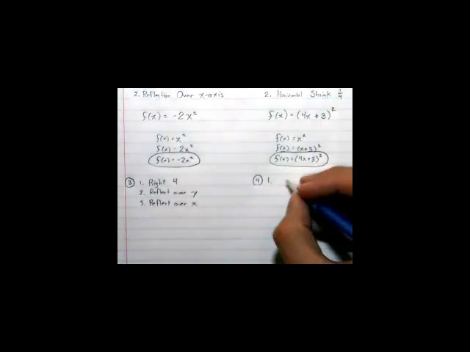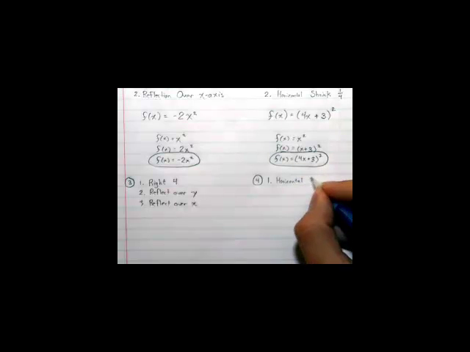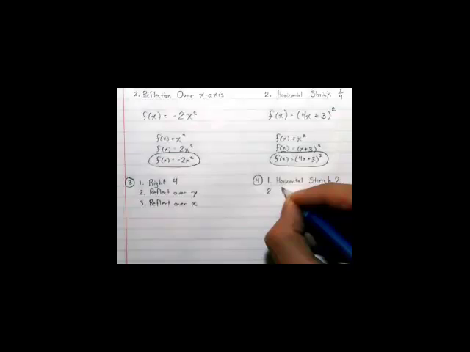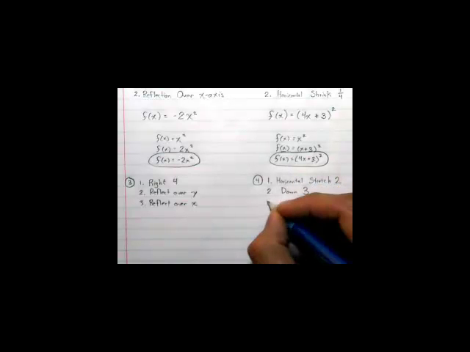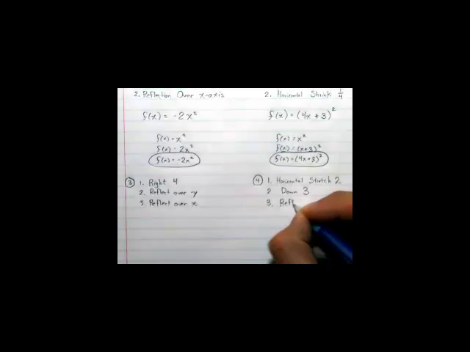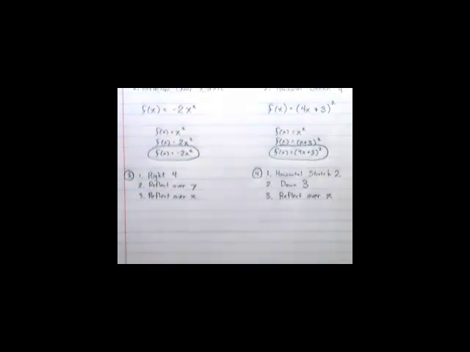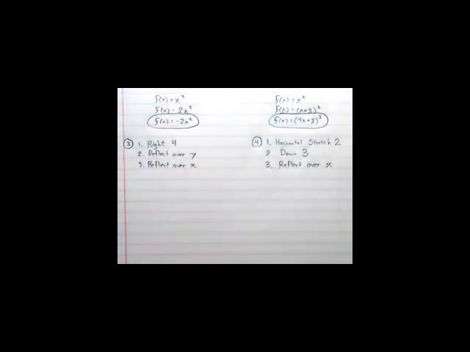And then let's do a horizontal stretch 2, then we're going to make it go down 3, and then reflect over the x. All right, give them a try. See what you can come up with. Once we're done with these 2, then we're going to switch gears and try it the other way. I'll give you an equation and see if you can tell me what happened to it.